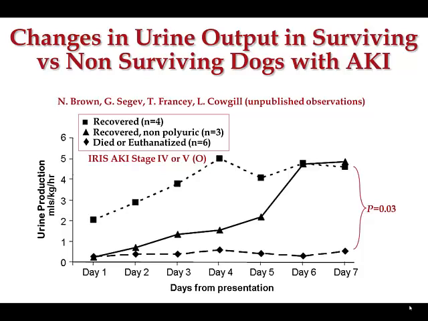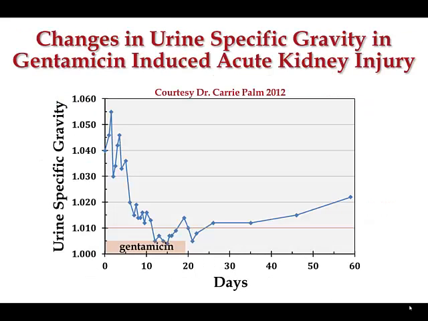So animals that remained oliguric or anuric did not survive, or certainly did not go on to leave the hospital, either because they were dialysis dependent or whatever, versus animals that did illustrate an early onset of an ability to generate urine. These animals did survive. But again, this is very non-specific and not terribly helpful.